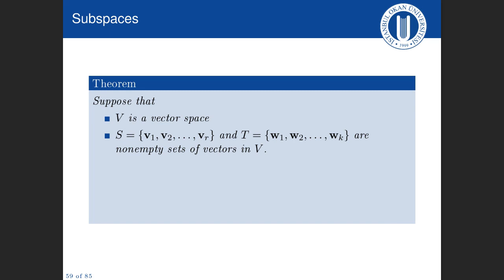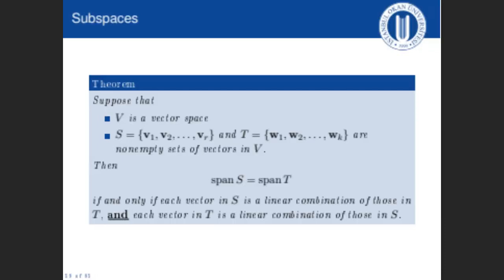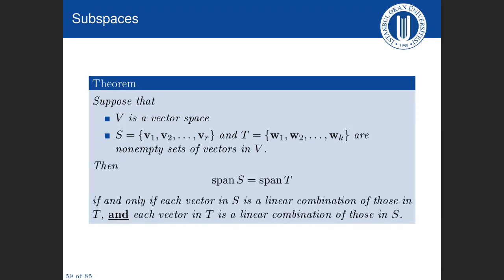Let's suppose S and T are non-empty sets of vectors in V. Then the span of S is equal to the span of T if and only if every vector in S is a linear combination of those in T, and each vector in T is a linear combination of those in S.